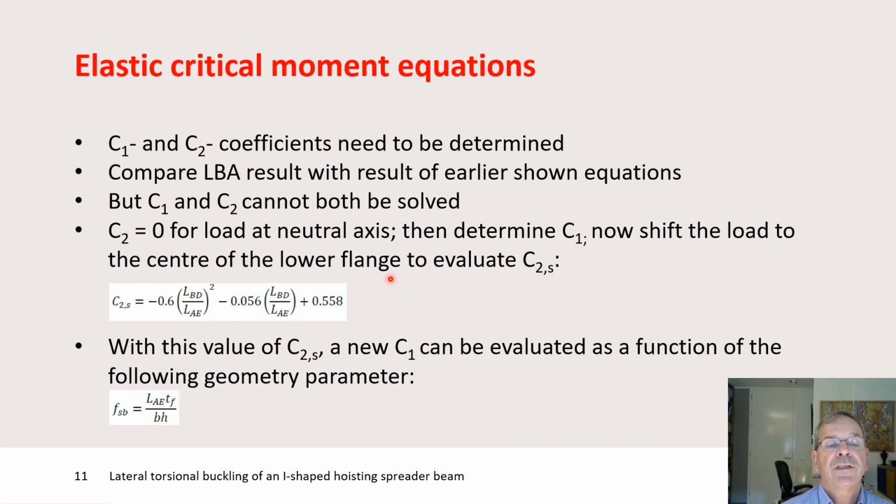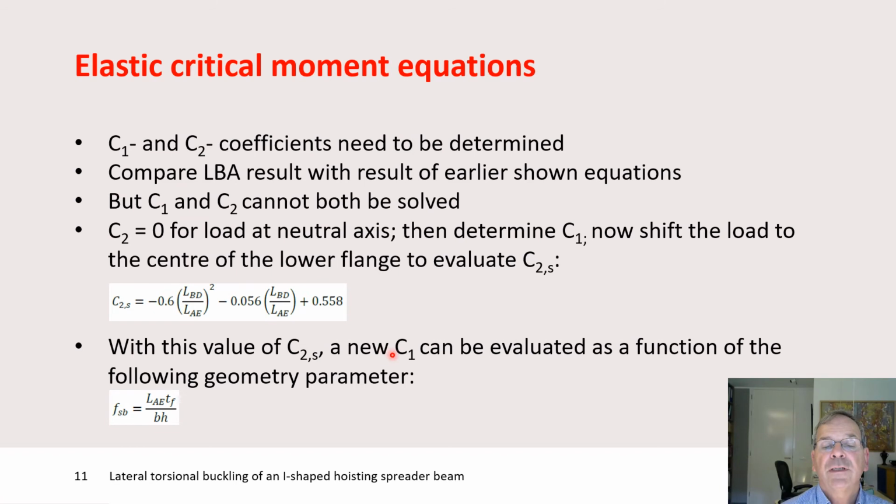Fortunately, we know that C2 is 0 for a load at the neutral axis, and that is where we placed the load first in the finite element analysis. And then we could determine C1 and then shift the load to the center of the lower flange to get a starting value for C2, as we called it. And if we do this for quite a couple of cases, we could find this equation for the starting value.